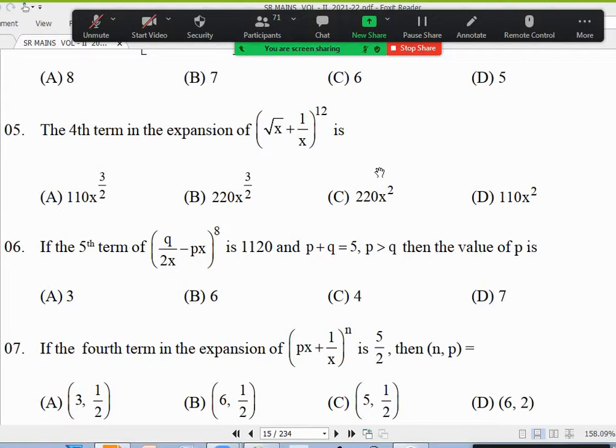Okay, fifth question. For the r plus 1th term, I gave one formula: nCr x power n minus r, y power r. We have to use that.